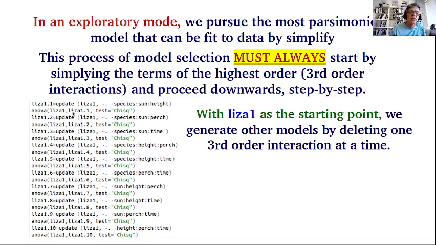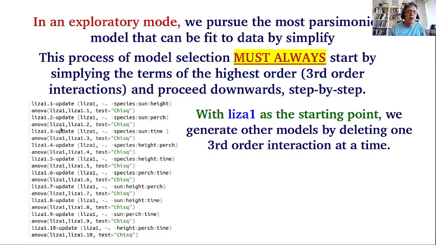Then I compared these two with the likelihood ratio test. This is the Wilks test, using the command ANOVA, that compares the difference of deviance between two models that are part of a nested hierarchy. Then I generated the model Lisa 1.2, which is a special case of Lisa 1 without this other third order interaction.